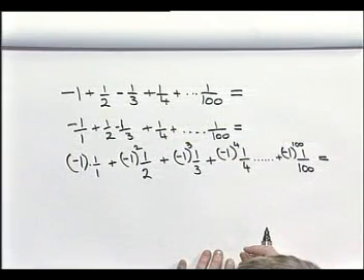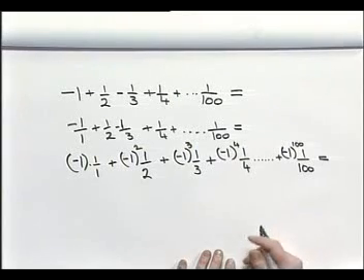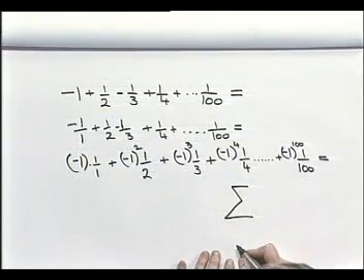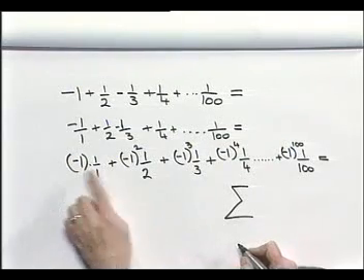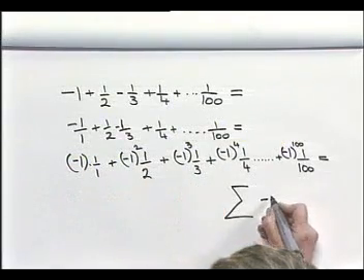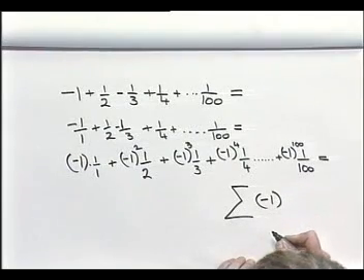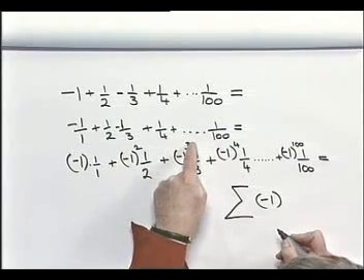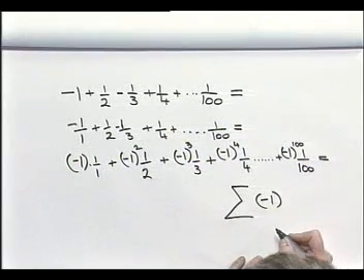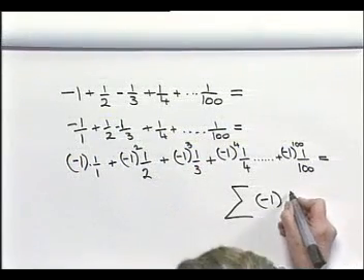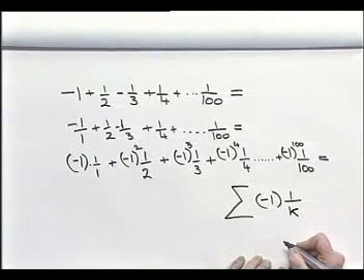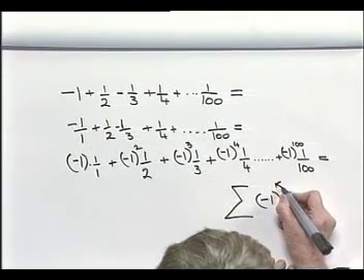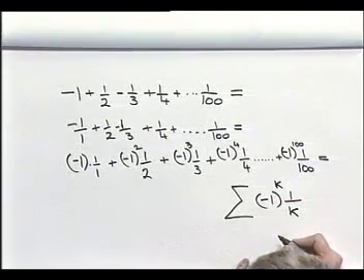So rewriting our sequence that we started off with into this format helps us to write it in sigma notation, because we can easily see that this is sigma. We know it's -1 to a power, and the power is always the number underneath the fraction. So we'll say that our fraction is 1 over k, because we start with k equal 1, and we raise -1 to the power of k.